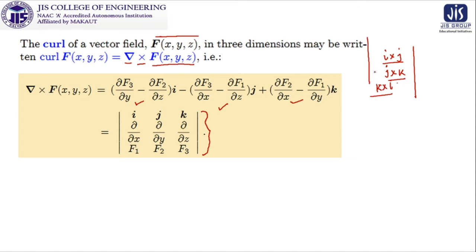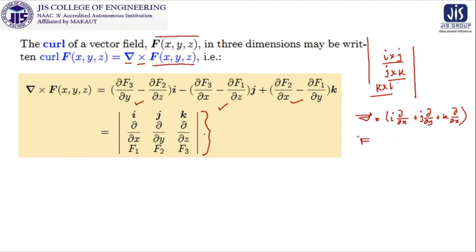These are the important factors of this product form, and from that we get this, because we know that del is i del x plus j del y plus k del z.